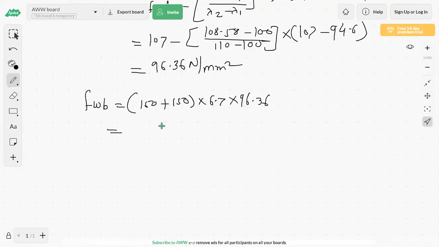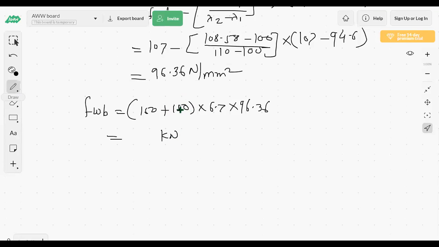So how much strength for buckling in kilonewton? Here is 2N there or only N? 2N is there. Okay, so here we have to multiply by 2.